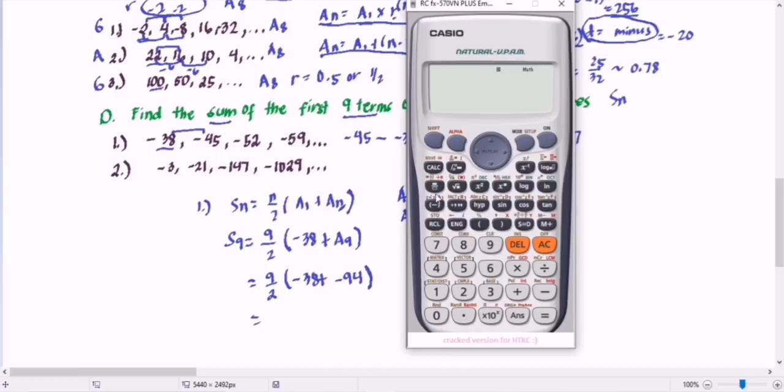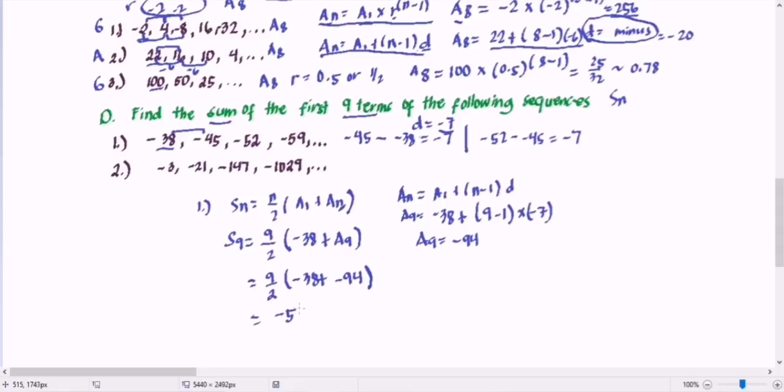Lagay natin 9 over 2, then parenthesis, negative 38 plus negative 94, close parenthesis, that is equal to negative 594. Negative 594 is our S sub 9, or the sum of the first 9 terms of our given sequence.